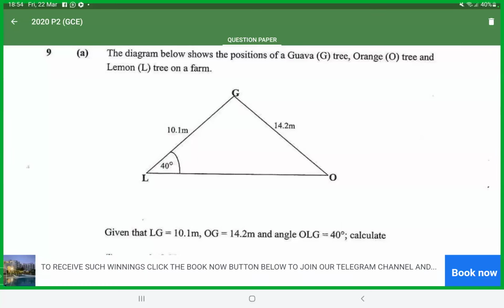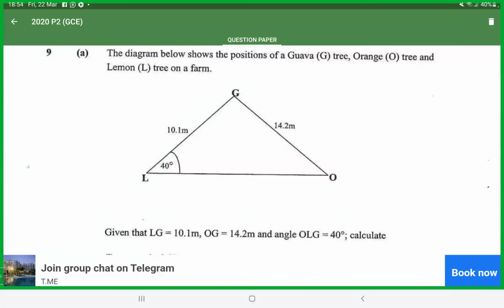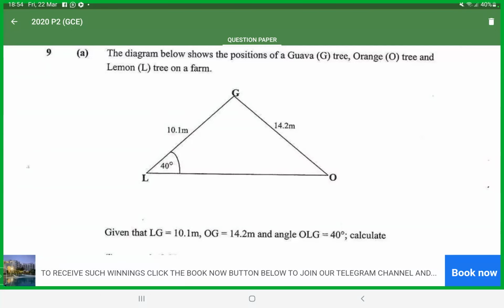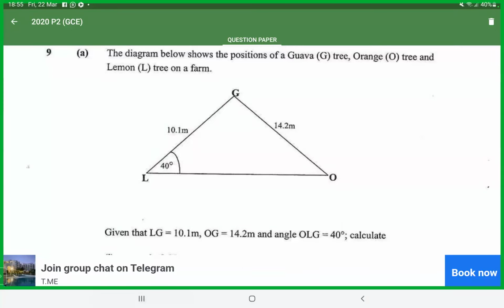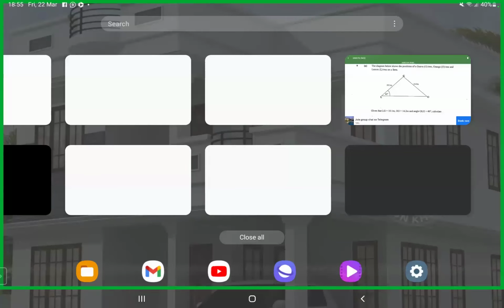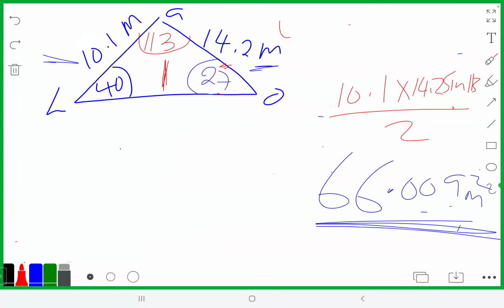Don't make a mistake. If they say from L to OG, which means the line is cutting in between, so this OG shall be your base. You get it?